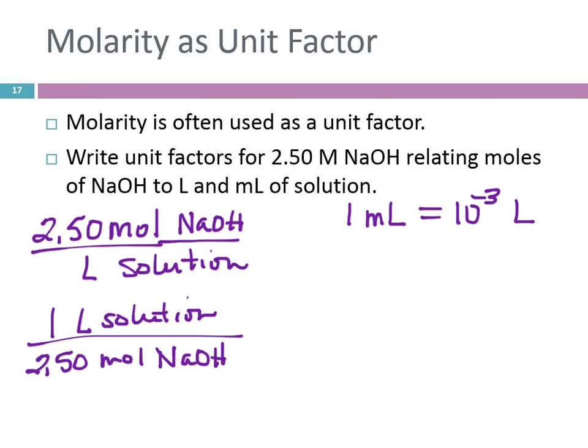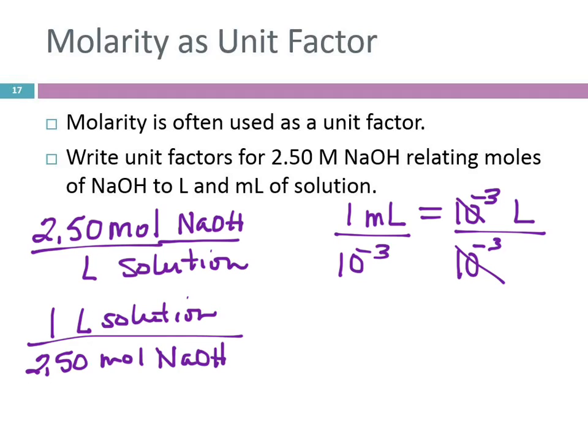Well, what if we want to know what 1 liter is? 1 liter is how many milliliters? 10 to the positive 3. What? How did I do that? Let me show you. So let's divide this side by 10 to the minus 3, and let's divide that side by 10 to the minus 3.